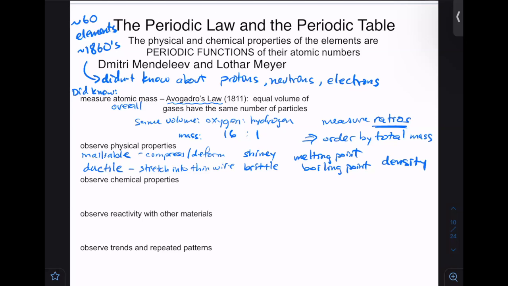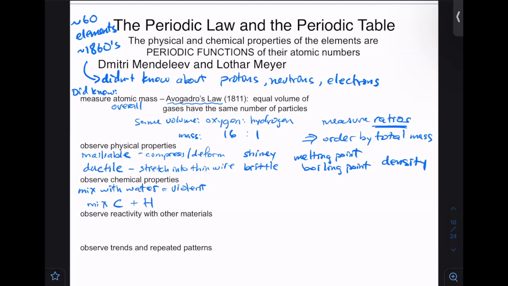And lots of things like when you mix it with water, it's very violent. That's also a chemical property. There's other chemical properties, like, for example, when you mix carbon, C for carbon, with hydrogen, you'll find that carbon combines with 4 parts hydrogen.